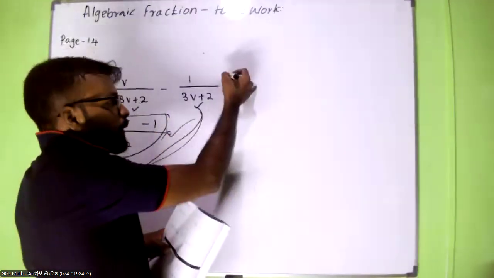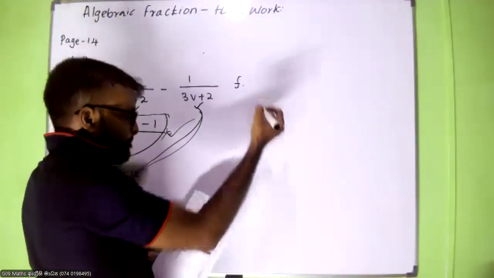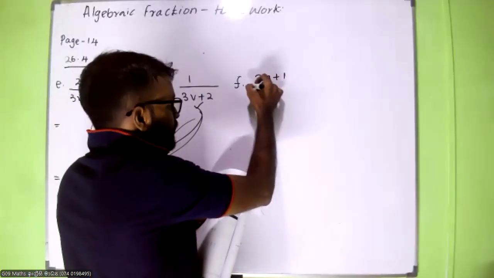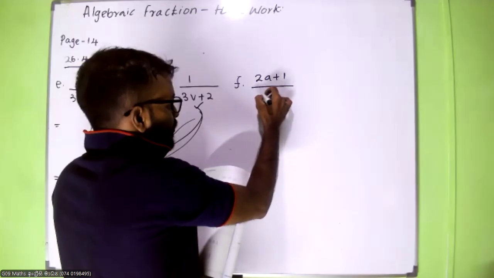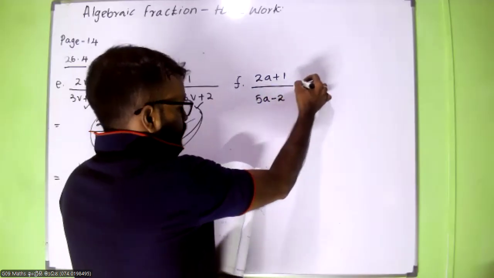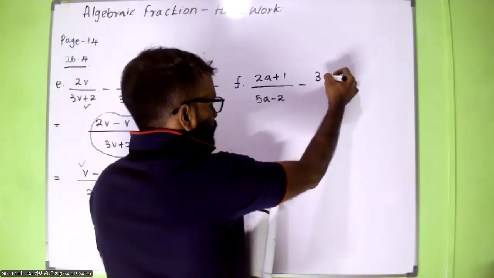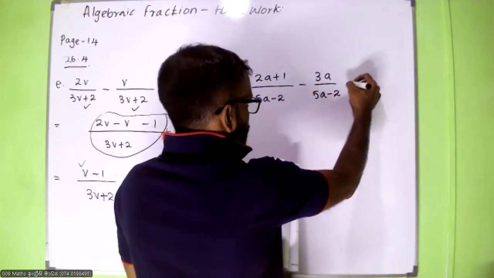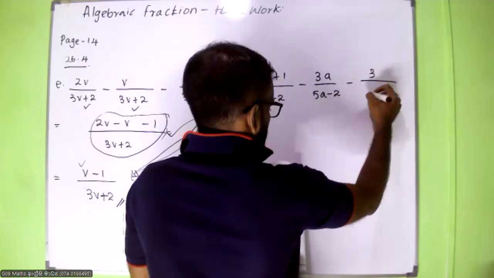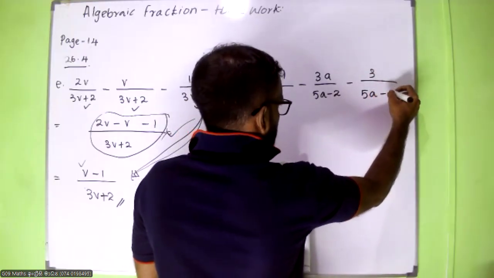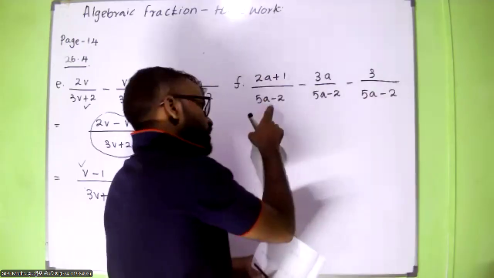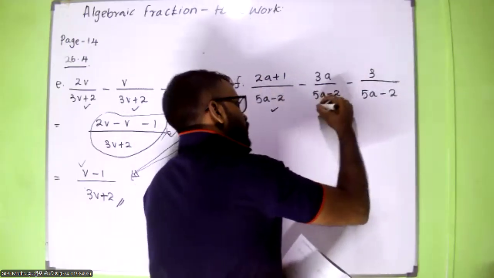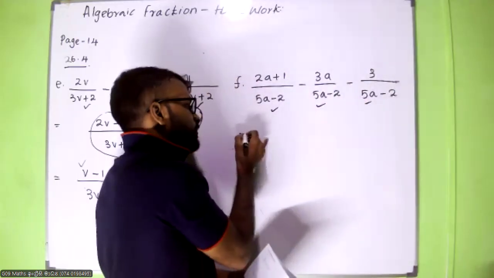2a plus 1 divided by 5a minus 2, minus 3a divided by 5a minus 2, minus 3 upon 5a minus 2. It doesn't matter, all the denominators are equal.